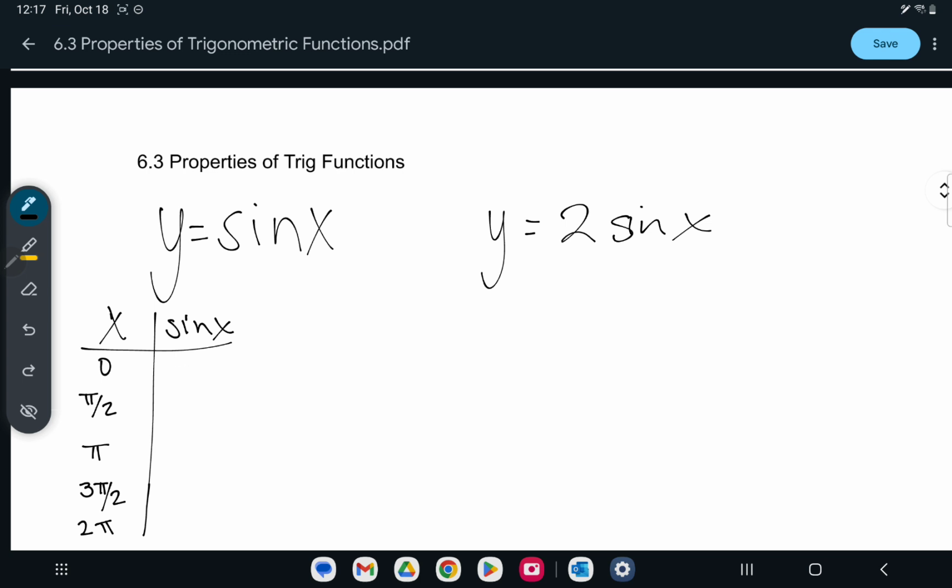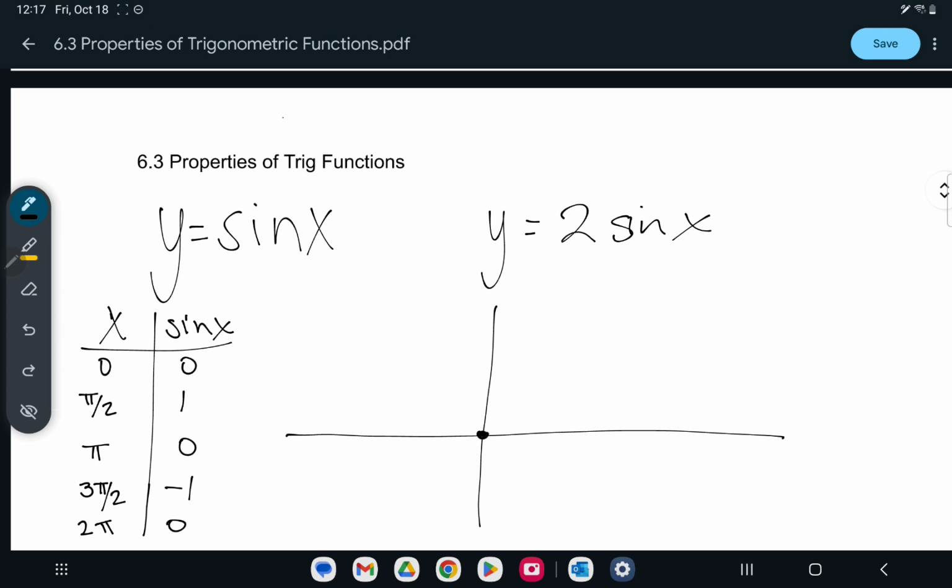So sine of 0 is 0. Sine of pi over 2 is 1. Sine of pi is 0. Sine of 3 pi over 2 is negative 1. And sine of 2 pi is 0. I'll put them 0, 0.